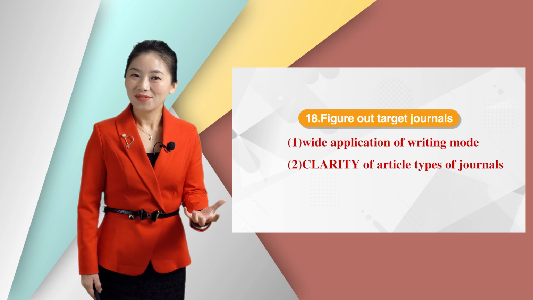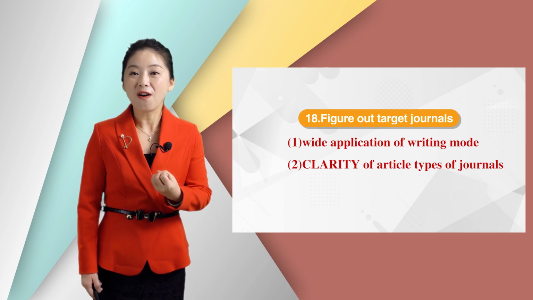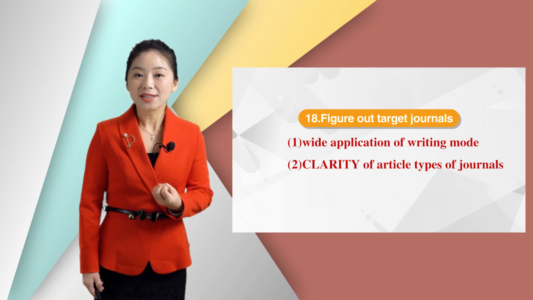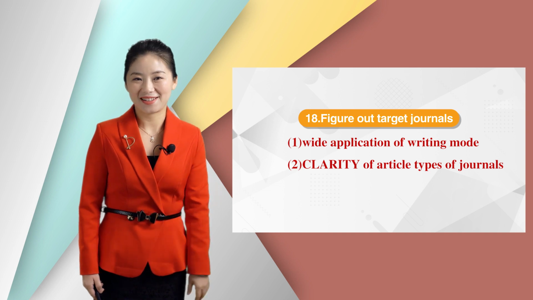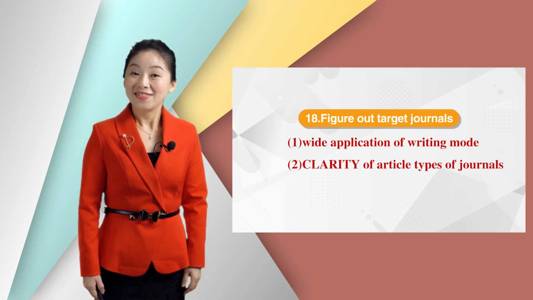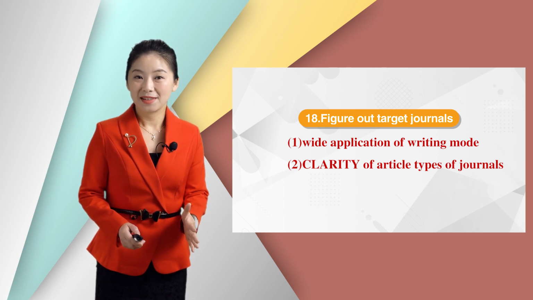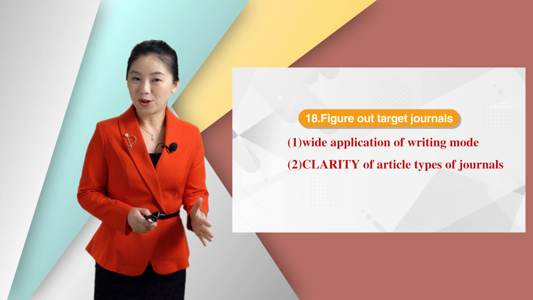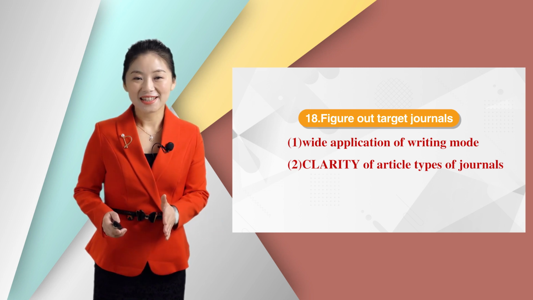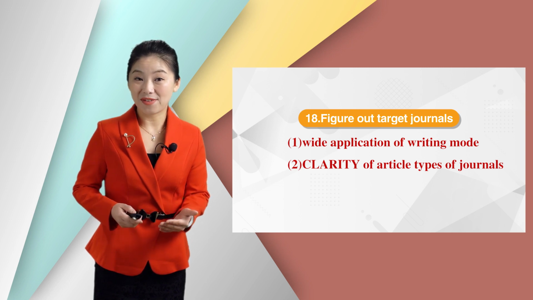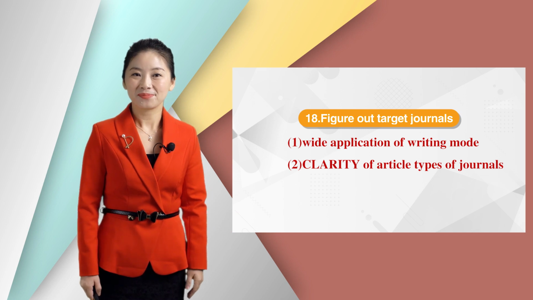Before writing, you should consult more journals to find out what kinds of articles they publish. These journals offer different options, such as short newsletters, short stories, technological advances, or research programs.